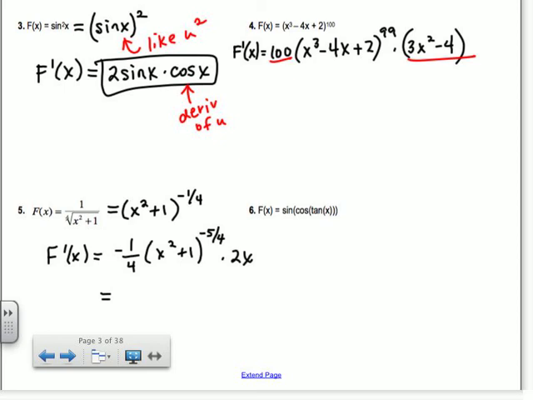So the only thing I would really do here is combine the negative 1/4 and the 2x, because the numbers reduce. 2 and 4 make 1/2. So it's negative 1/2. And then if you have a negative power, you can leave it on the top as a negative power, or you can put it on the bottom as a positive power. It doesn't matter. So you can do 5/4, or you can do the 4th root raised to the 5th.